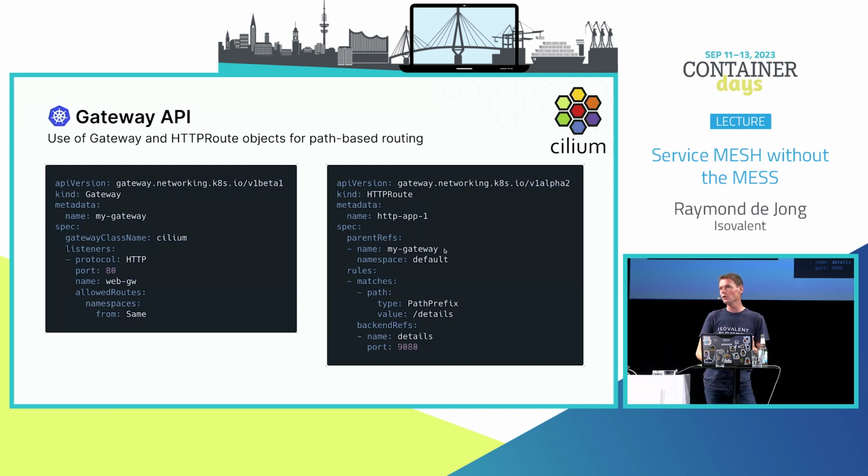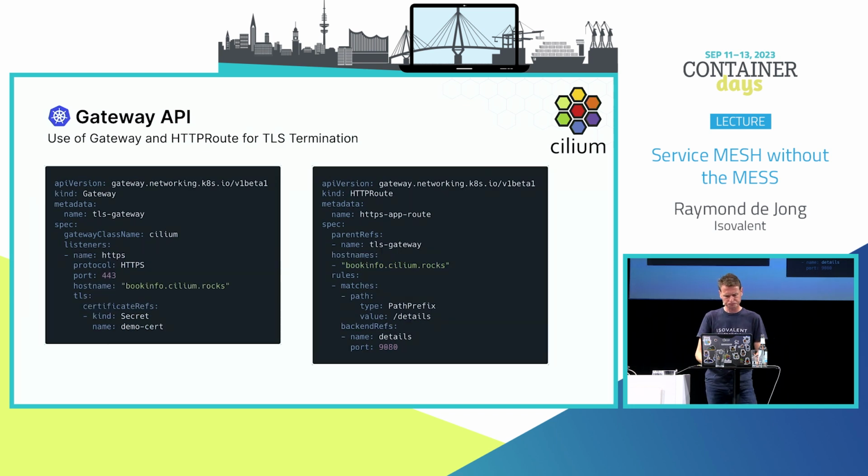And then you create one or more HTTP routes. In this example, I just reference my gateway as the gateway I want to attach this route to, and you create one or more rules. In this example, it's just a path-based rule matching /details to a specific service.